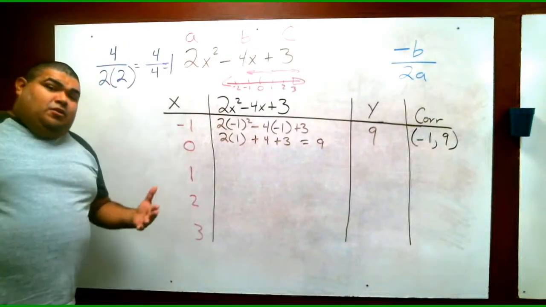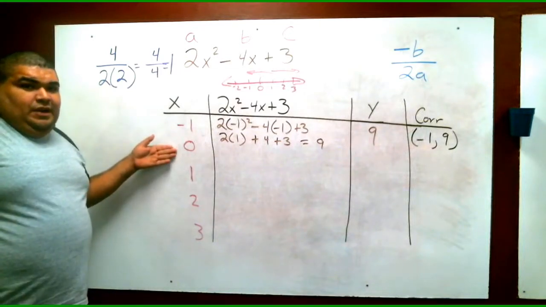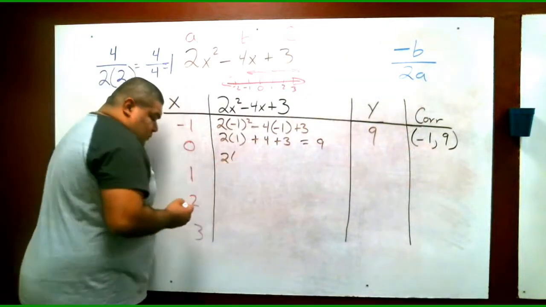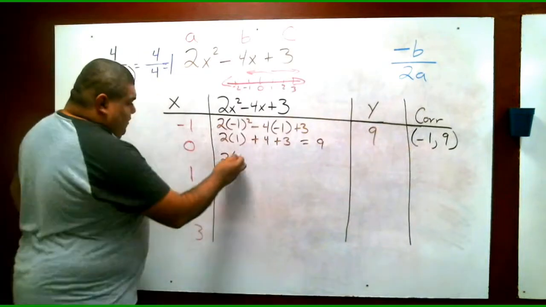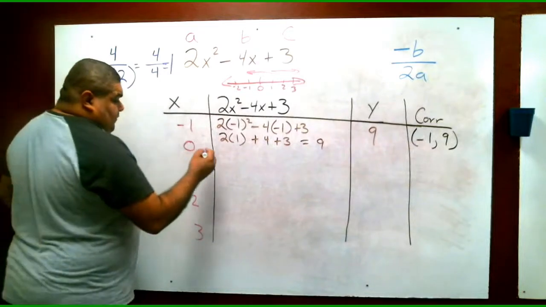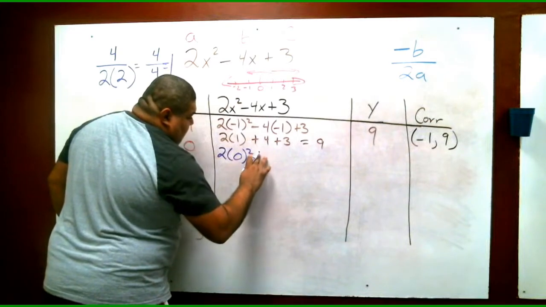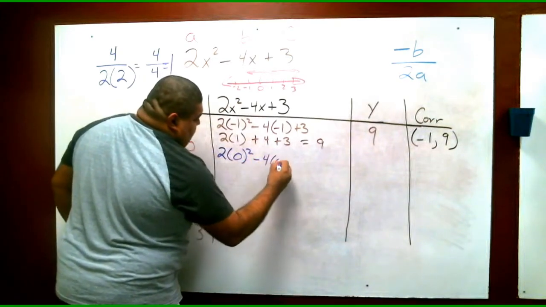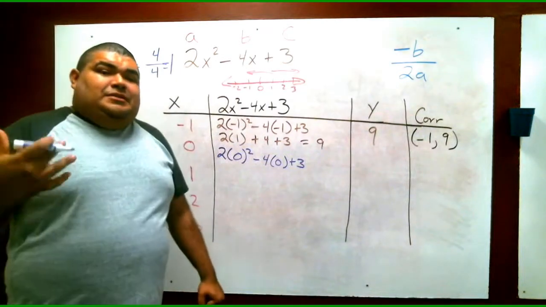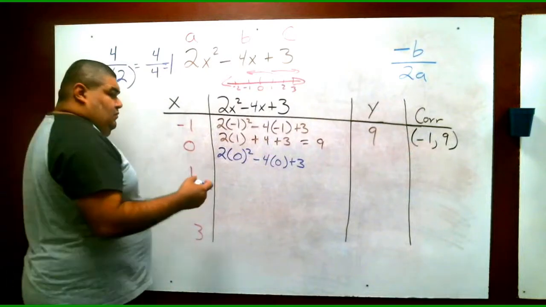Now we're going to do the same thing all over, but this time instead of plugging in negative 1, we're going to plug in 0 for x. So we have 2 times 0 squared minus 4 times 0 plus 3. 0 squared is 0, and 2 times 0 is 0.